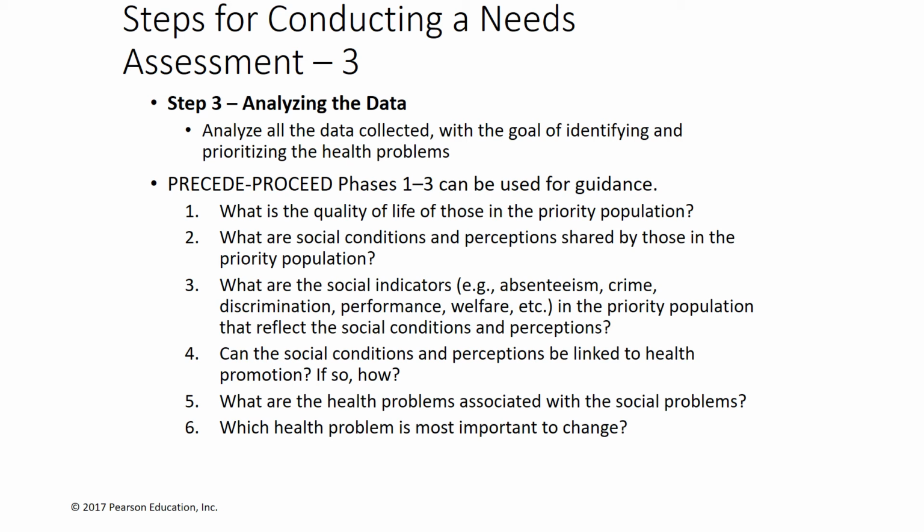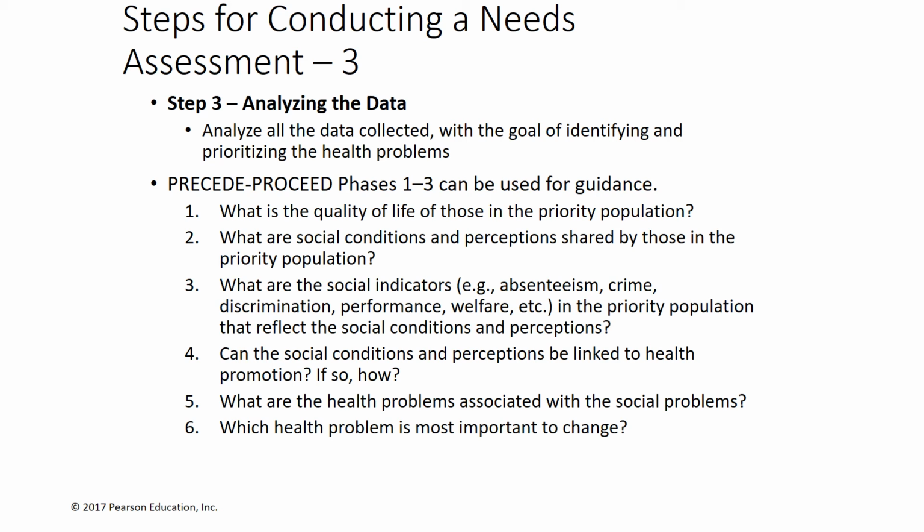So number 4, here's where you take those perceptions from the target population and you come up with a way to link it to the health issues that we identify. Again, the social indicators, that's going to be the motivation for many of the people in the priority population. We need that motivation to help carry them through our program.